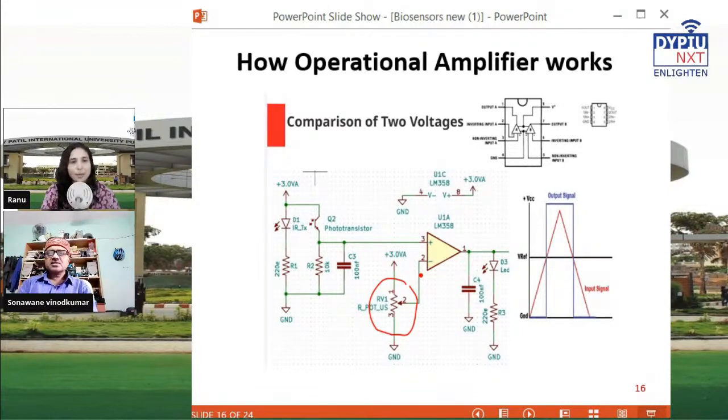In biosensors, suppose you use a piezoelectric buzzer. We know that sniffer dogs are used as animal biosensors, right?